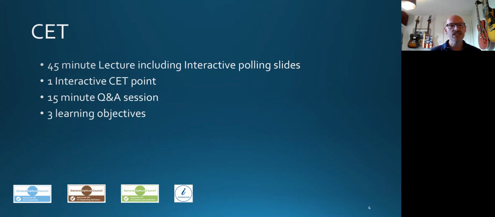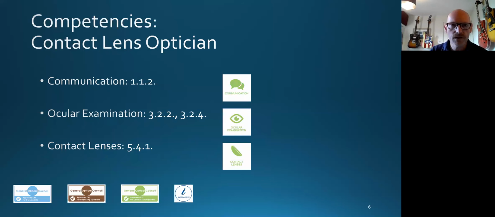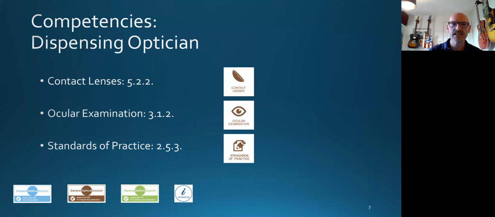There'll be the Q&A session at the end, and we're going to cover 3 learning objectives. For optometrists, that's communication, contact lenses, and ocular examination. For contact lens opticians, that's also communication, ocular examination, and contact lenses. And for the dispensing opticians listening this evening, we have contact lenses, ocular examination, and standards of practice.